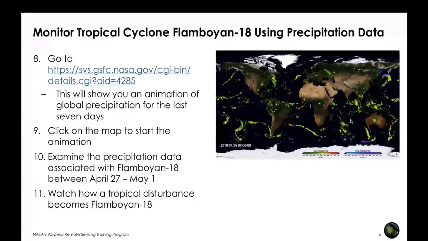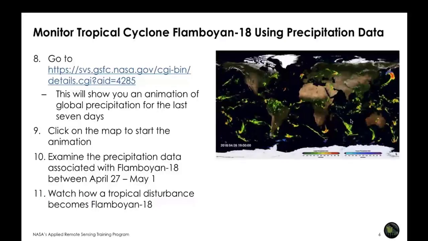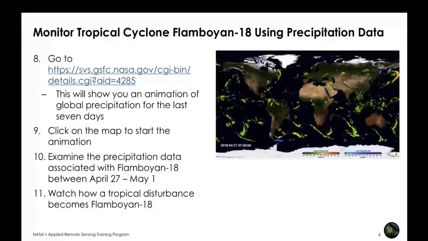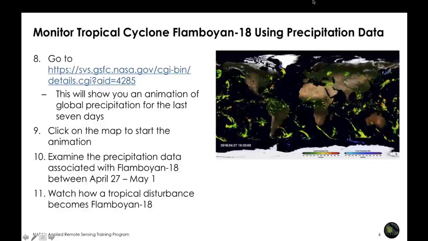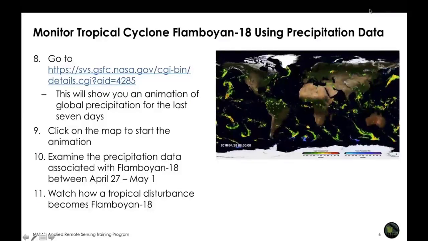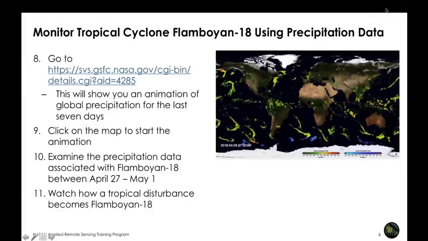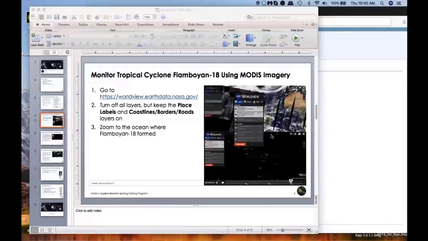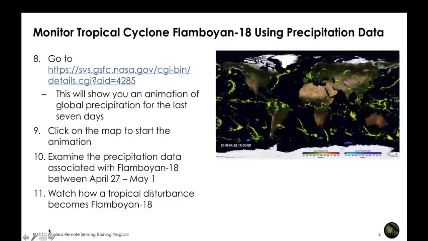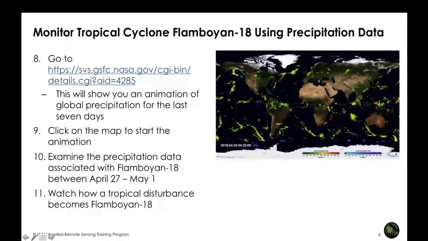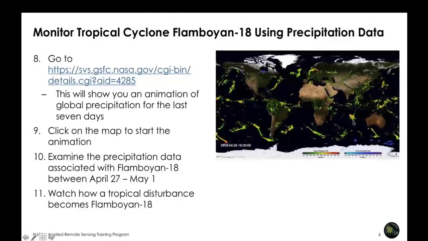You can see the bands. It starts from a disturbance over here and then it moves and takes the form of a tropical storm. This is now the 27th of April. Now it starts forming.